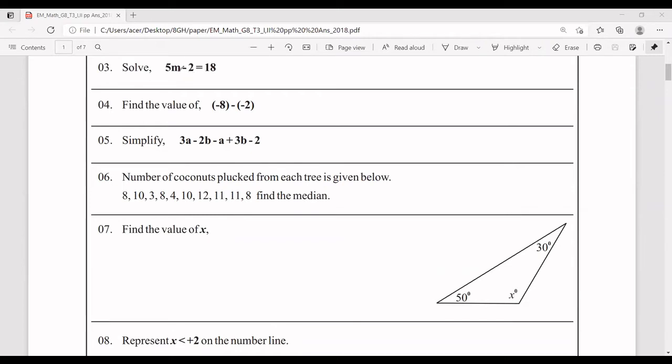To remove the subtraction, you have to add 2 to both sides. Then you can write this way. First, write the left-hand side of the equation. Then write the right-hand side.